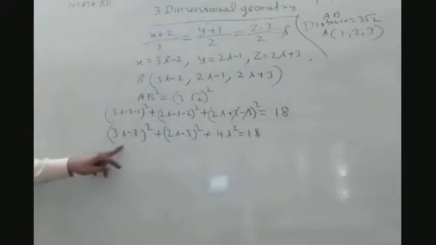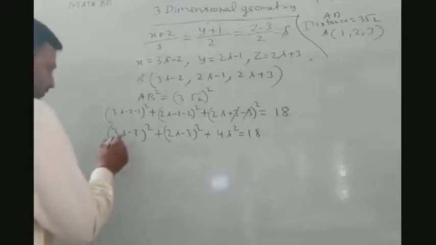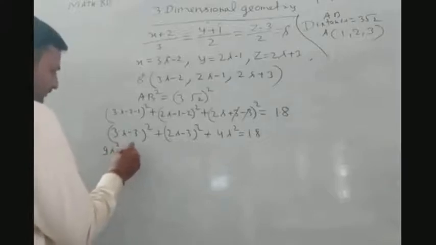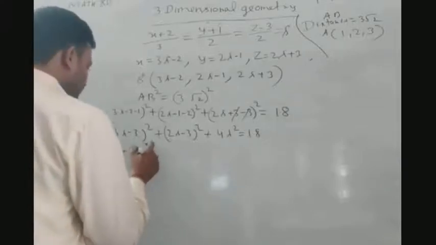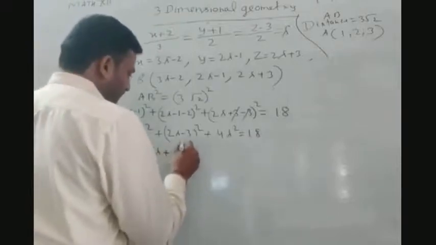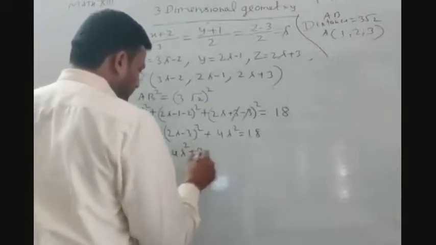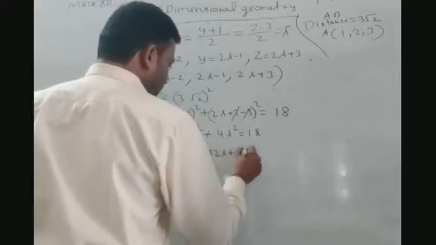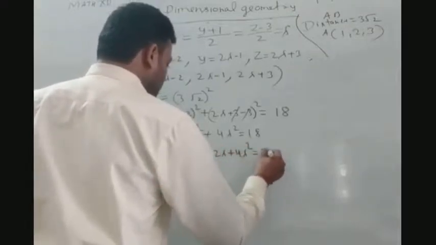Now we will further solve it and expand, using a square plus b square minus 2ab: 9 lambda square - 18 lambda + 9, plus 4 lambda square - 12 lambda + 9, plus 4 lambda square is equal to 18.